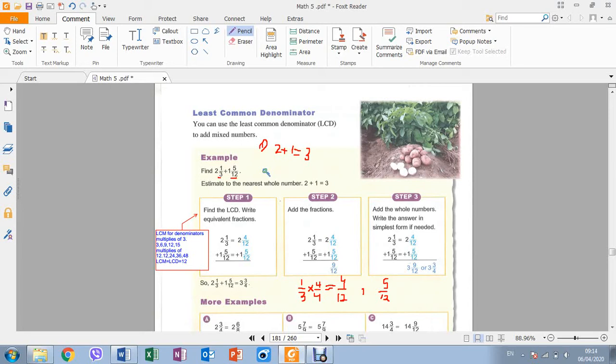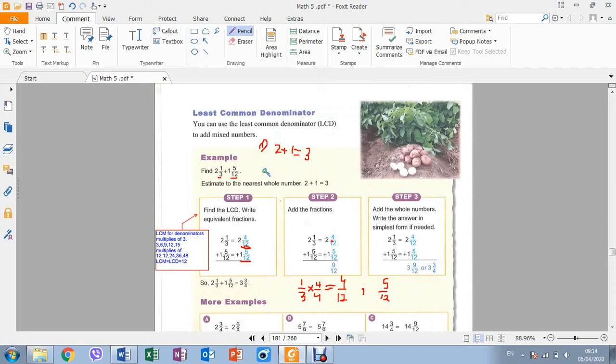After that, we plus it. Now look at there, this 4/12 and 5/12. Now we plus it. We have the same denominator, only plus the numerators. 4 plus 5 is what? 9. 9/12.